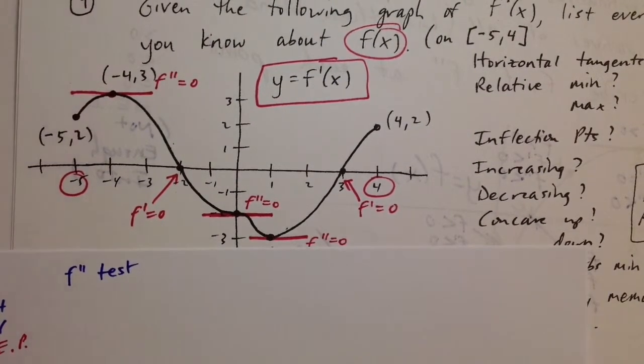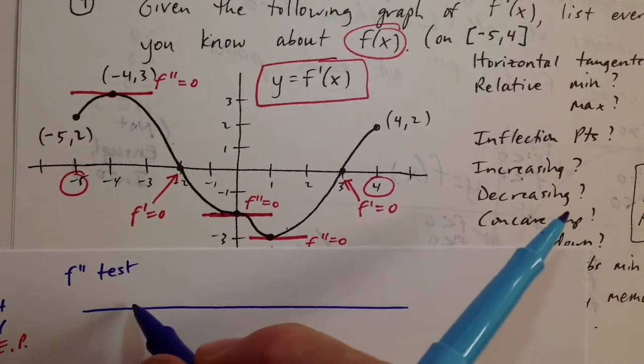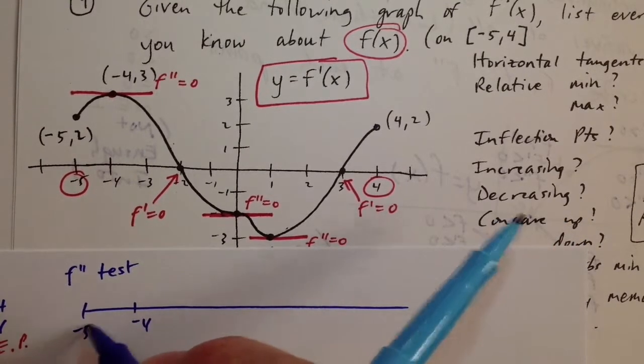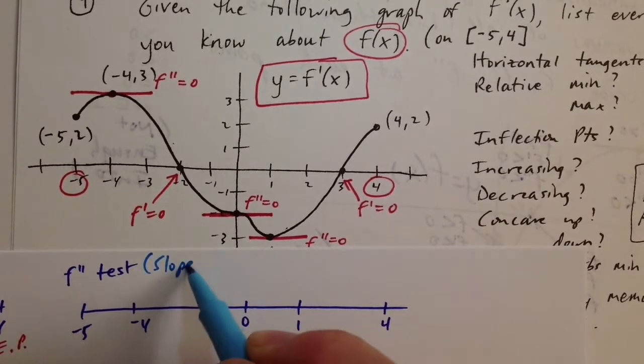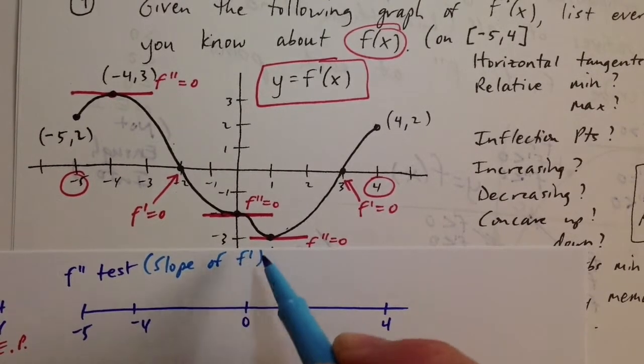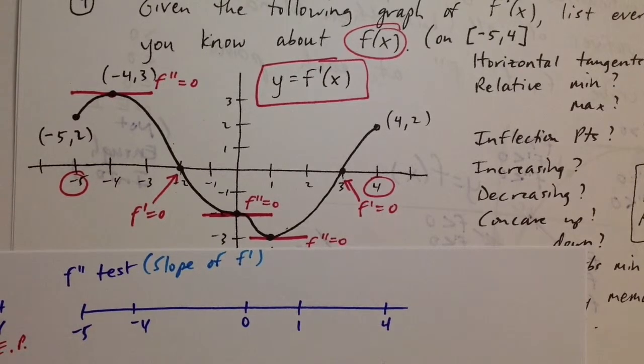The critical points for f double prime are where f double prime is equal to 0: x equals negative 4, 0, and 1, and let's not forget negative 5 and 4 as endpoints. The slope of f prime is what we're looking for, because that gives us the sign of f double prime.